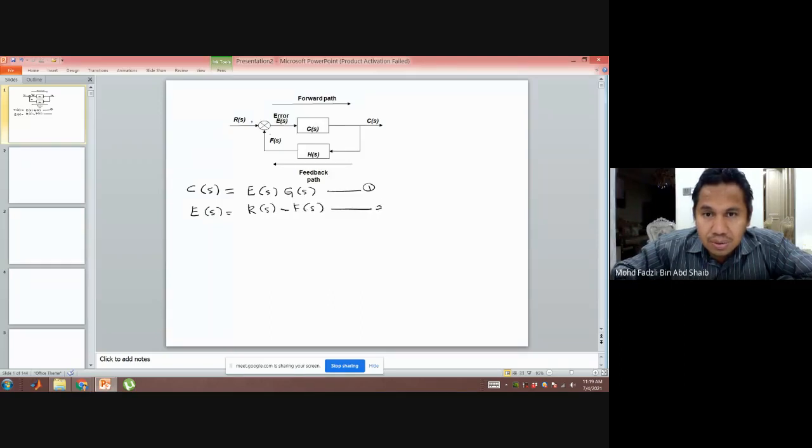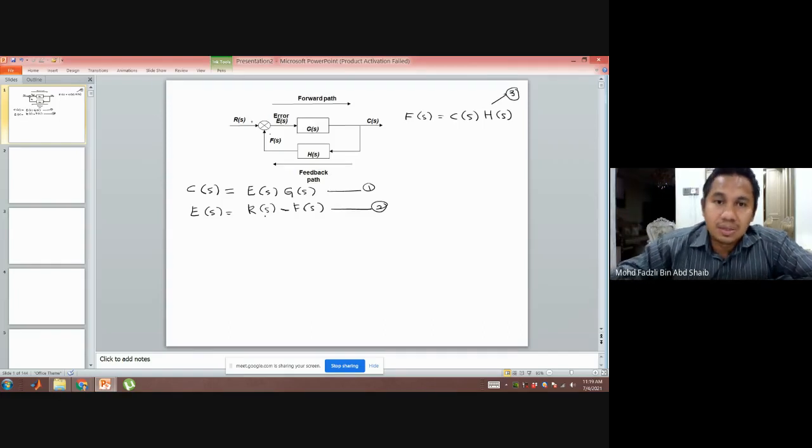This is equation 2. And F(s) equals C(s) times H(s), which is equation 3. So now we can see what we have in equation 2.